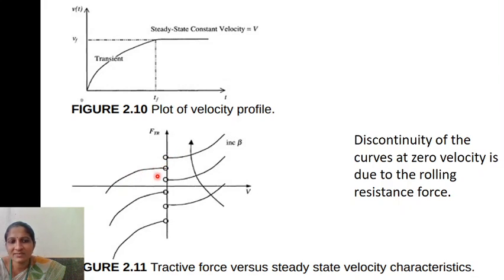We know that the signum function is 1 for v greater than 0 and minus 1 for v less than 0. That means it will be identical about the force axis, but in the shape of a parabola only. So the discontinuity of the curves at 0 velocity is due to the rolling resistance force, which has the signum function. So these are the force velocity characteristics.